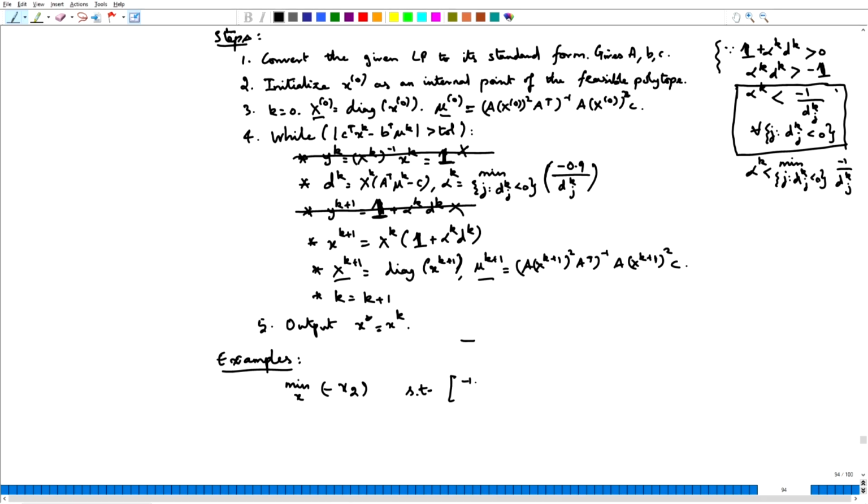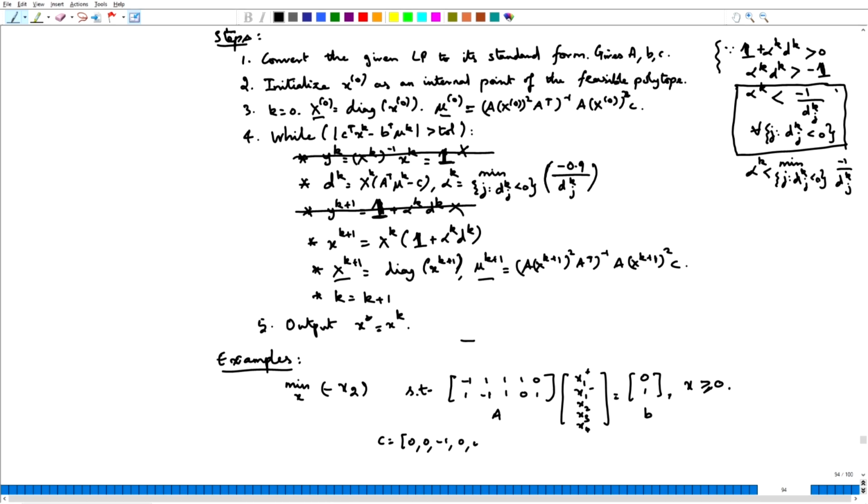That is minus 1 1 1 1 0, 1 minus 1 1 0 1, with variables x 1 plus, x 1 minus, x 2, x 3, x 4, and here you have 0 and 1. Of course, you want all of the x's to be greater than or equal to 0. So, you have capital A, which is what I have just written here, and this is little b, and c is 0 0 minus 1 0 0.